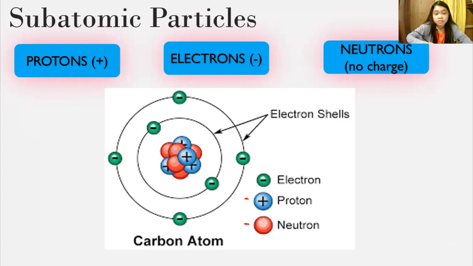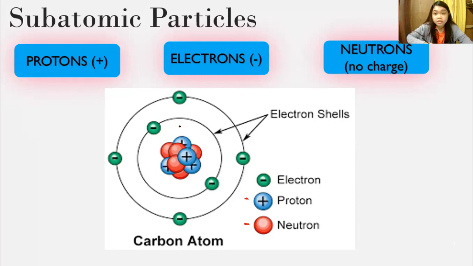It mostly consists of these two. And then the outermost region of the atom is called the electron shells. These shells contain the electrons, the negatively charged particles. So a carbon atom consists of 6 protons, 6 electrons, and 6 neutrons.